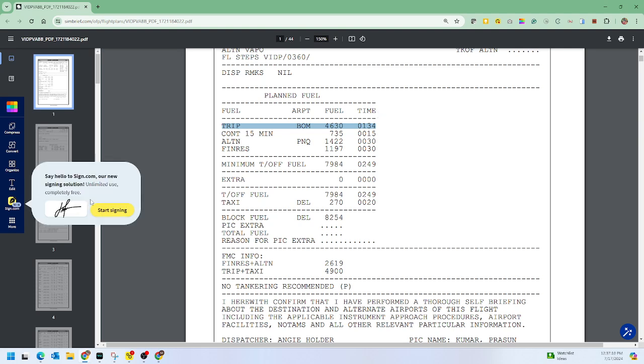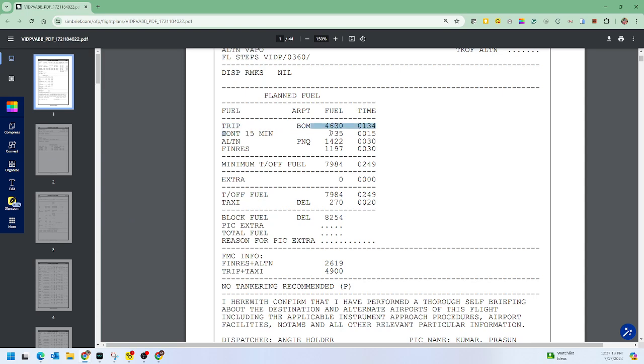Okay. Next, we have a contingency fuel. So what does contingency fuel mean? For any unexpected situation, suppose we have to make a hold due to bad weather conditions, or the runway is not clear, or we have a lineup on the runway.